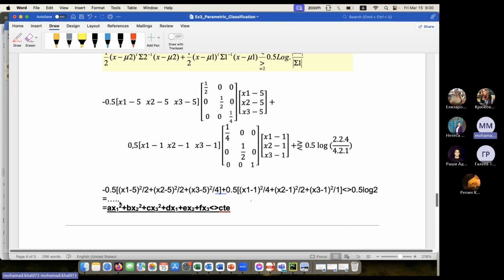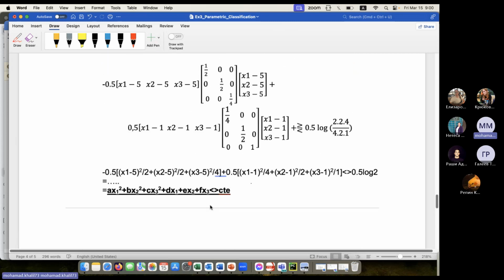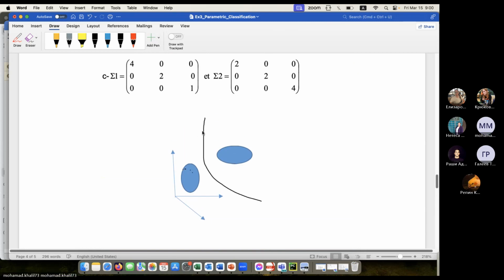If you develop it, the x1 squared here is over 2, but here it is over 4. So I will have x1 squared, x2 squared, x3 squared, and x1, x2, x3, and a constant. What is this kind of equation? Sometimes it's a circle, sometimes it's a paraboloid. So you have something like that.